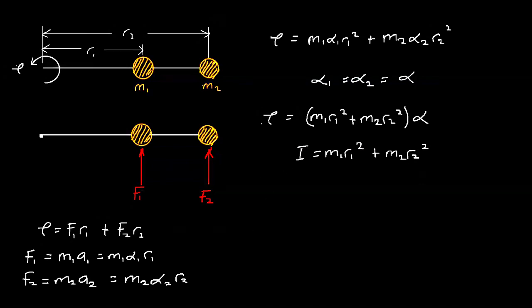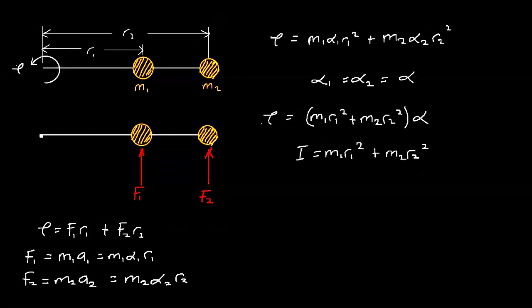And this is always the case whenever we have a system consisting of multiple masses. So we can generalize and say that the moment of inertia of a rotating body is equal to the sum of the moments of inertia of each particle of that body.